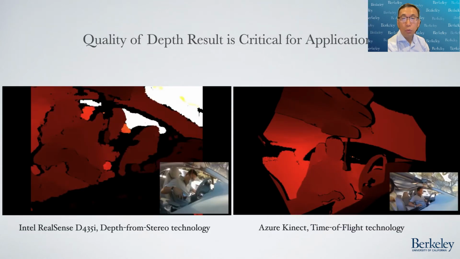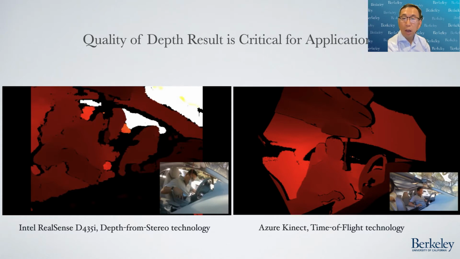But I do want to show you in this presentation some visual comparison, emphasizing that different technologies do lead to very drastic differences in the result of the depth. This is a study that's sponsored by one of our industrial sponsors, Ford, to study how to put AR/VR experiences in the future autonomous vehicles.